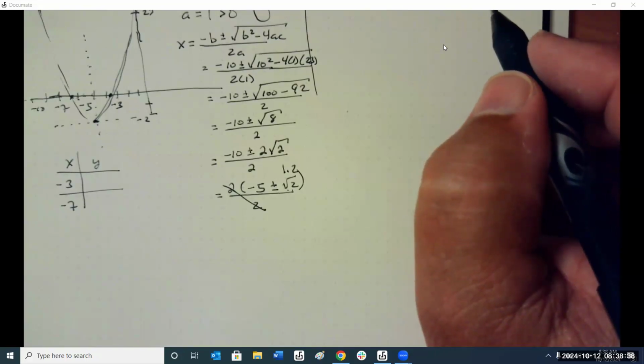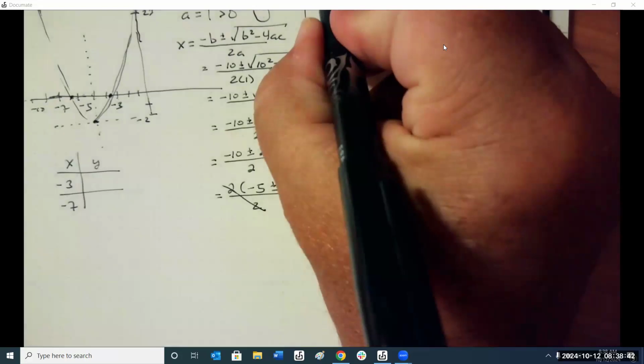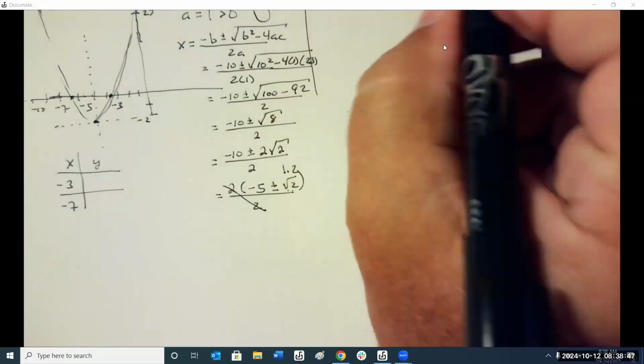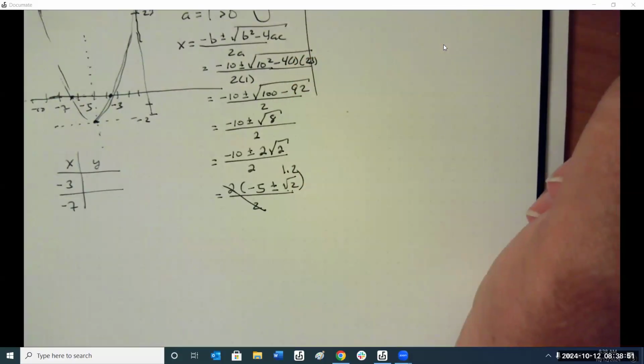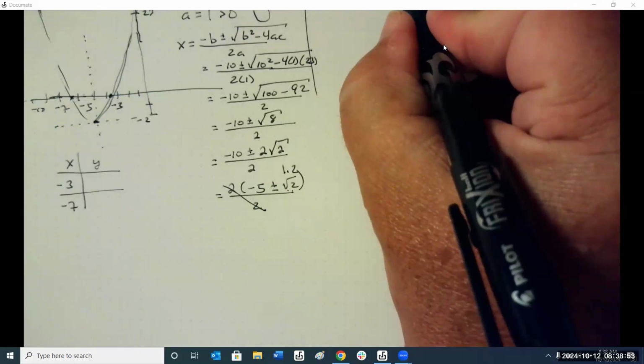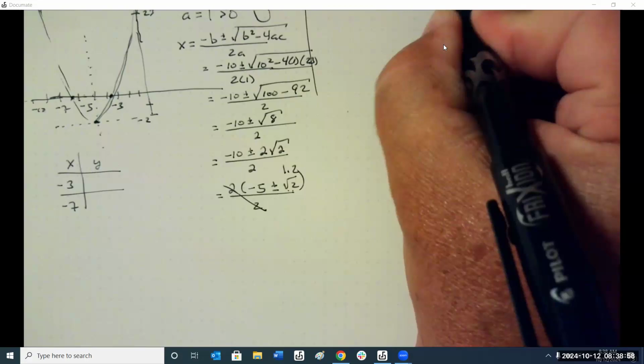For example 2, we knew our vertex was at (4, 0). Axis of symmetry is x equals 4.